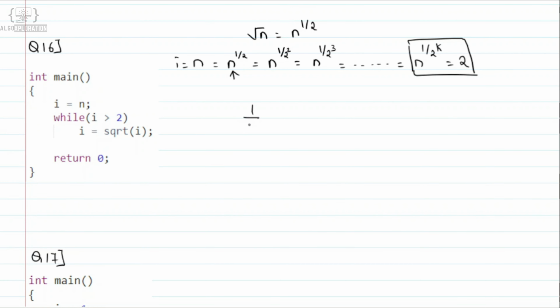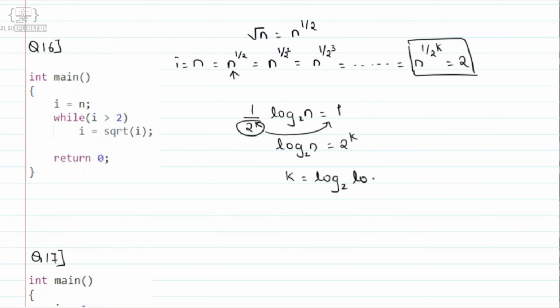So (1 by 2) raised to k times log n equals 1, log n base 2 equals 2 raised to k. This 2 raised to k will go to this side, so k will be log n. Therefore the time complexity of this problem is order of log n.